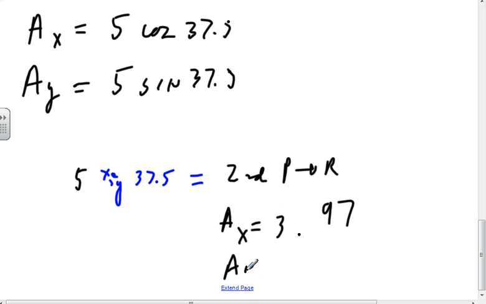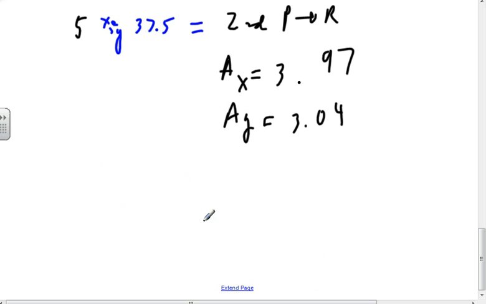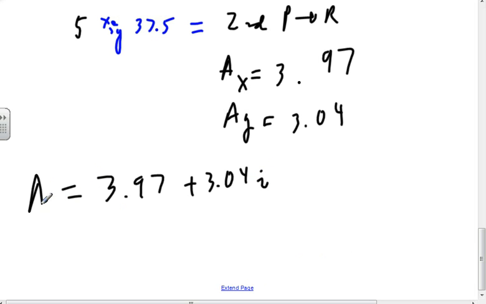And then for A in the Y direction, I hit the XY key, and it tells me my Y component is 3.04. So now I have 3.97 plus 3.04 I, or we could be using a J, is what my A is.